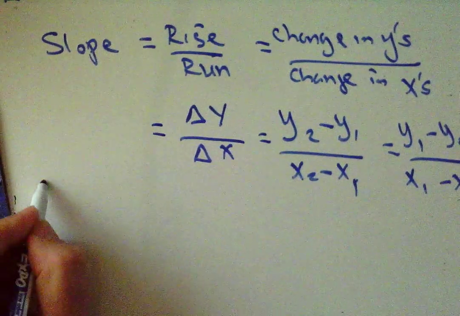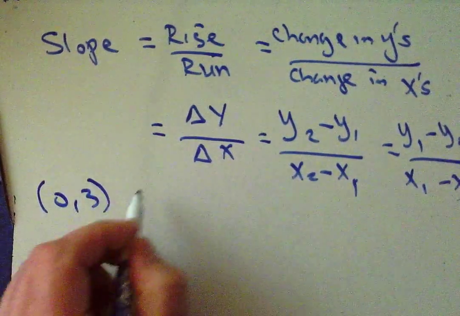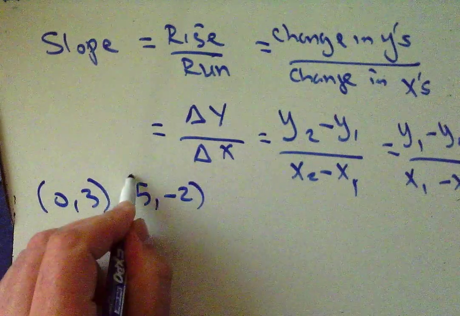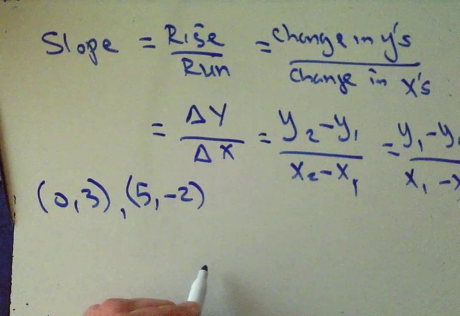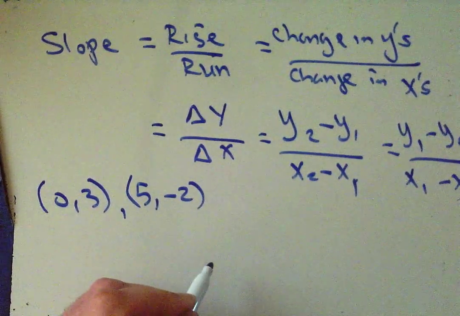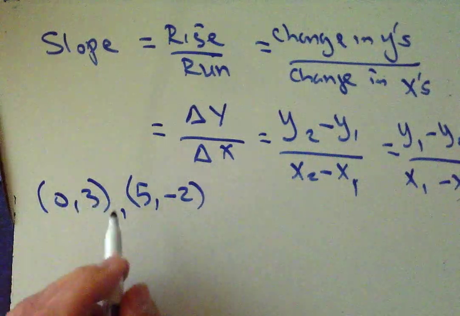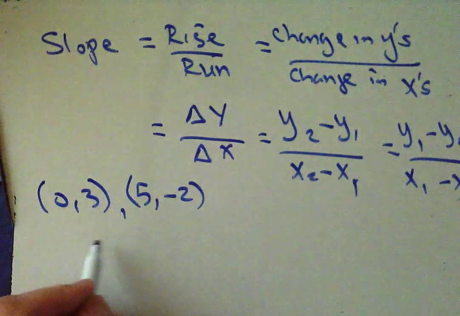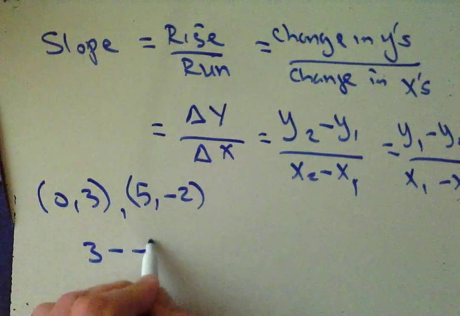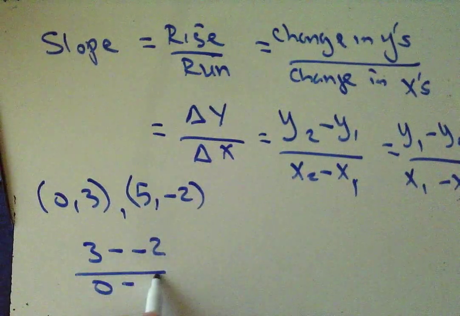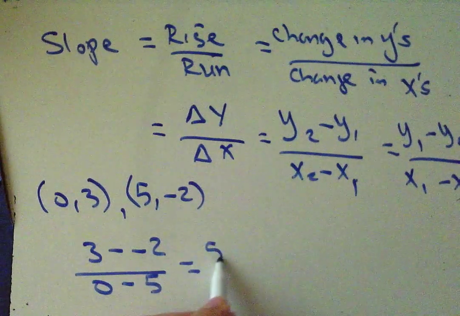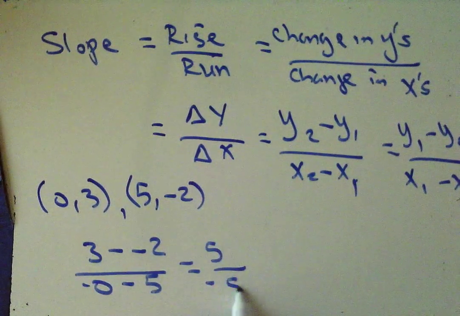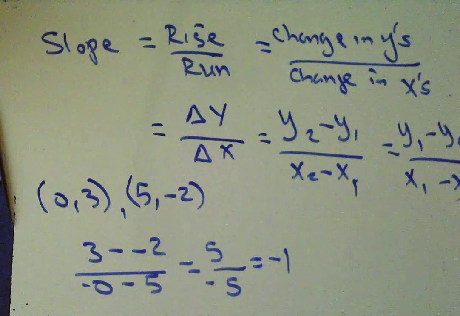So let's take some ordered pairs like (0, 3) and (5, -2). Here's two ordered pairs, and I want to know the slope between those 2 points. So I'm going to use my slope formula. I'm going to say 3 minus negative 2 over 0 minus 5, and I get 5 over negative 5, which is negative 1.